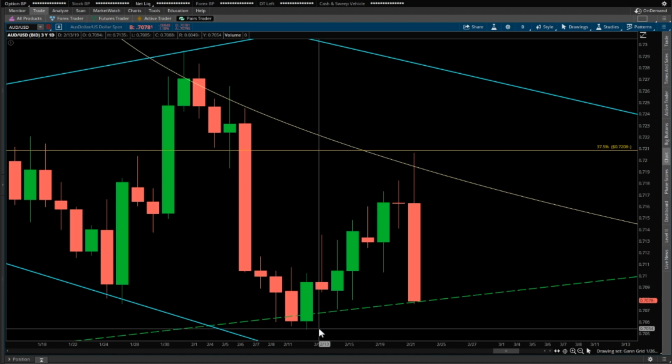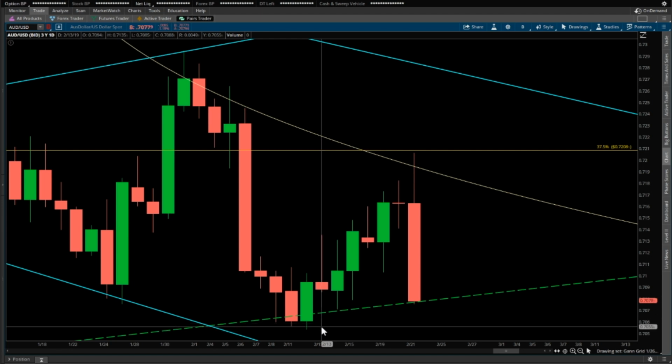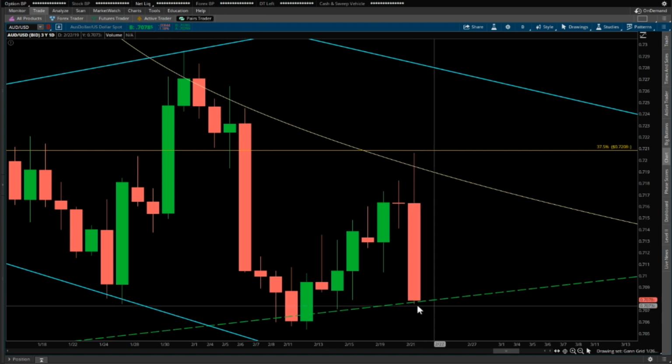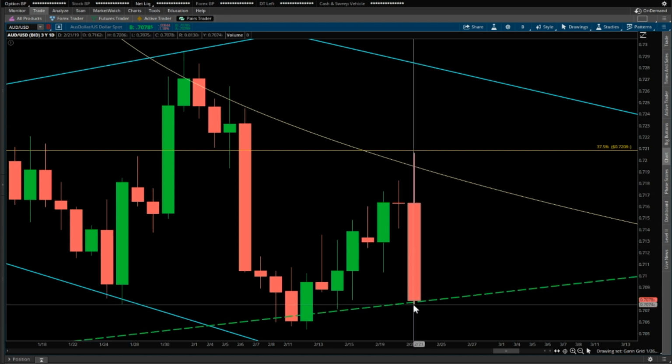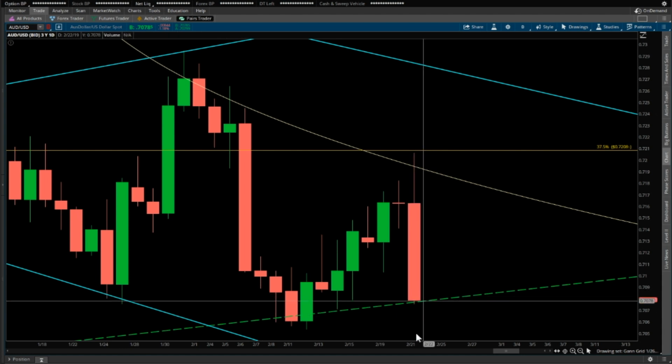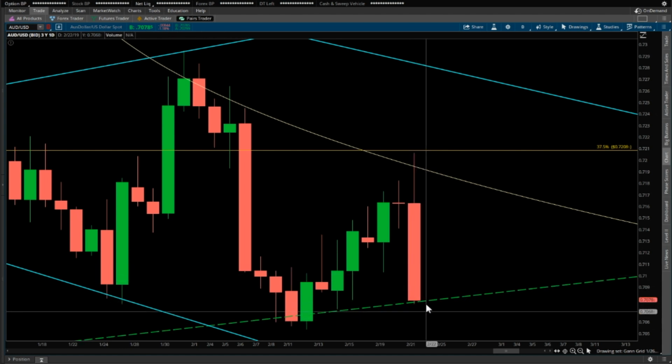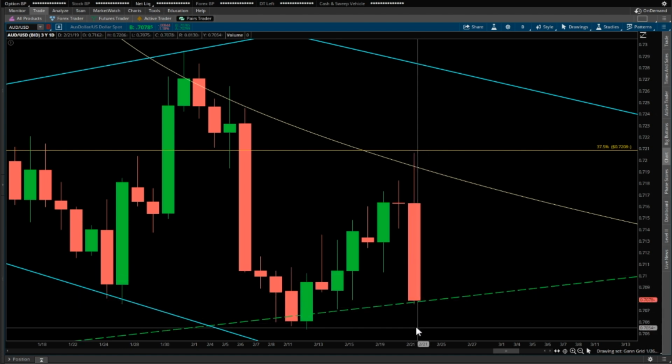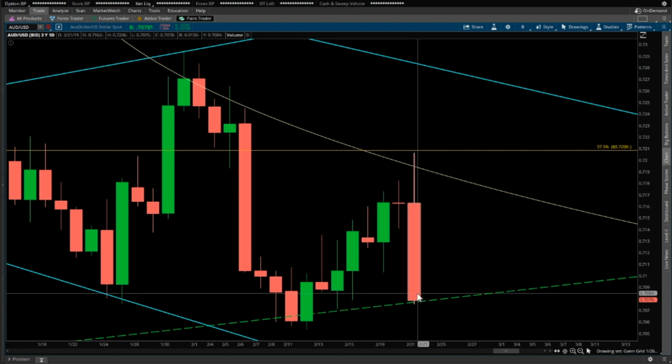There's going to be support down here at 70.54, 53, anywhere between 70.55 and 53 should be support if we crack that. But so far right now, this looks like a good support. But if it goes up and then crashes down, I'm going to get in again and maybe get a little more pips.